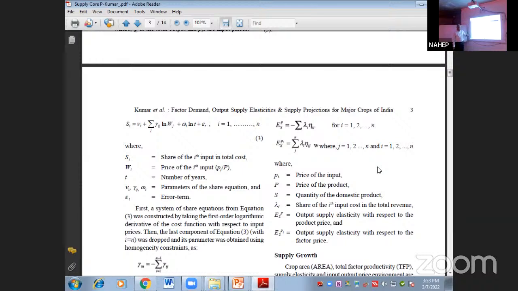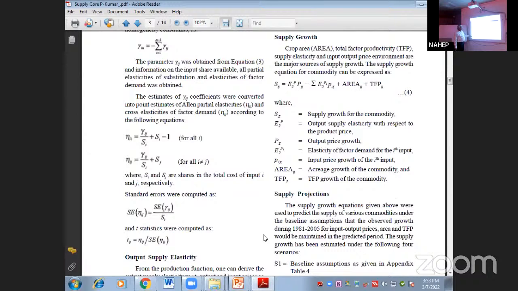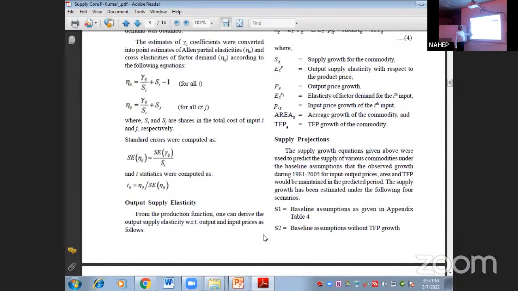From the factor demand elasticity, we work out the price elasticity. This is the factor demand elasticity. Using this, we get the price elasticity. So this paper will give detail about the estimation of supply for a number of crops.